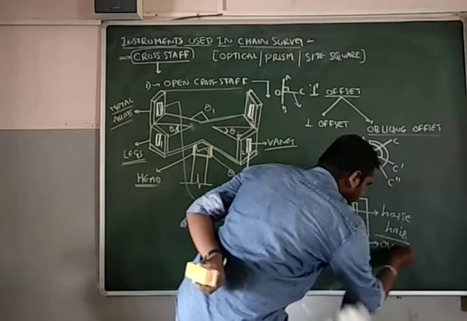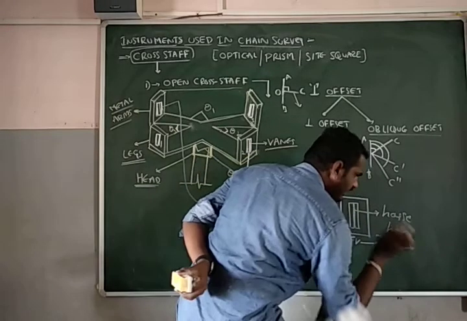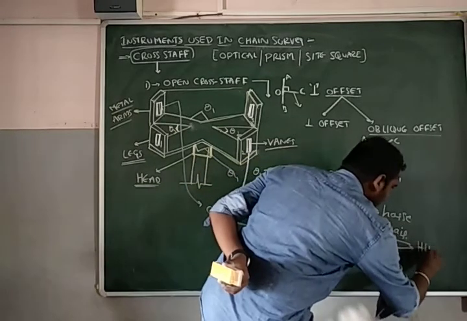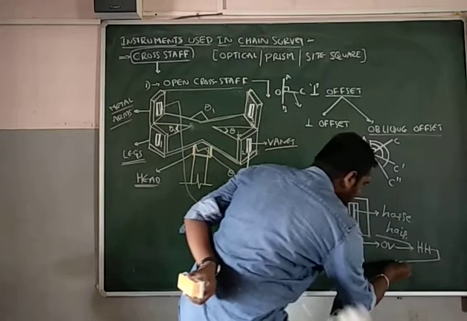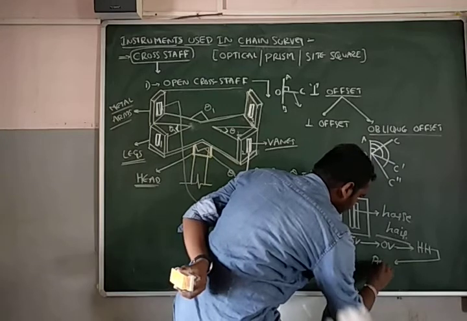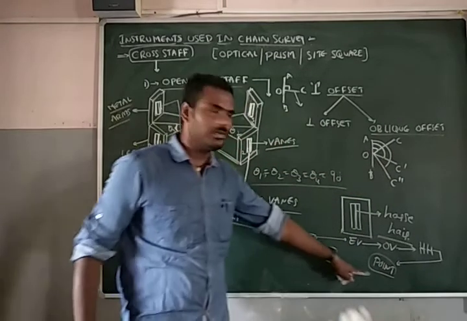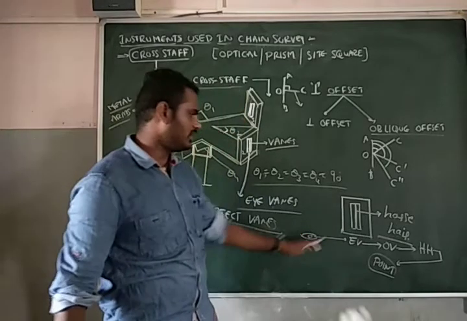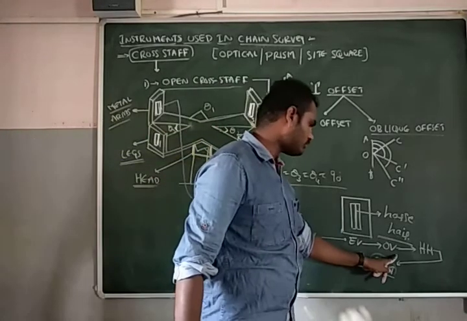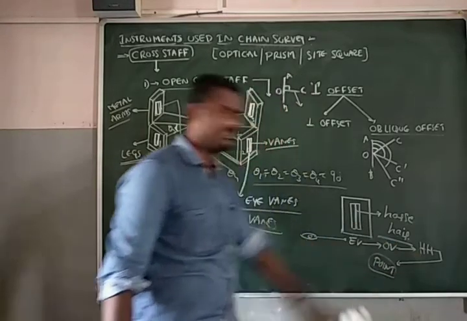In that object vane, the line of sight should coincide with the horsehair, and finally it should coincide with the point we are looking for. So this is the process. An observer should see from the eye vane to the object vane, through the horsehair, finally to the point.